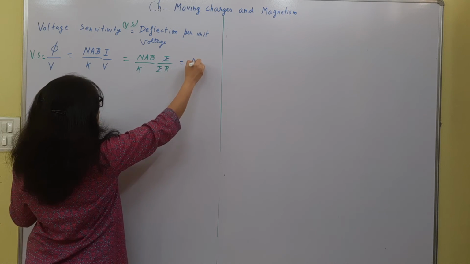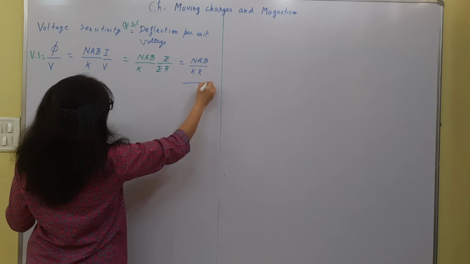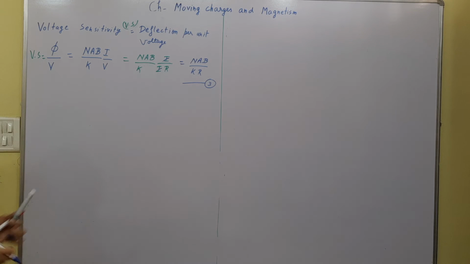So this is NAB upon KR. This can be considered the third equation, right?